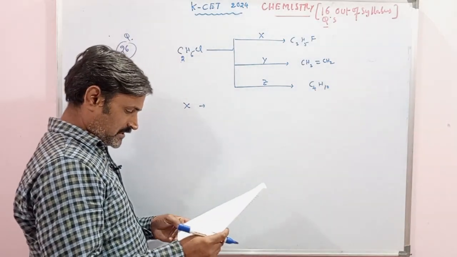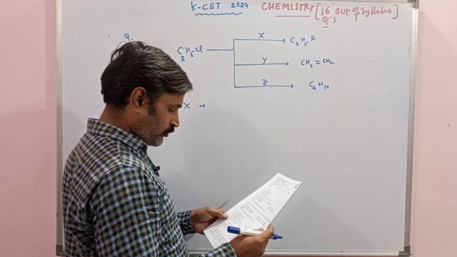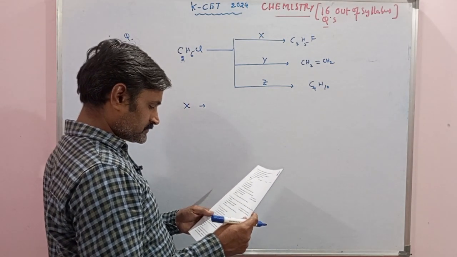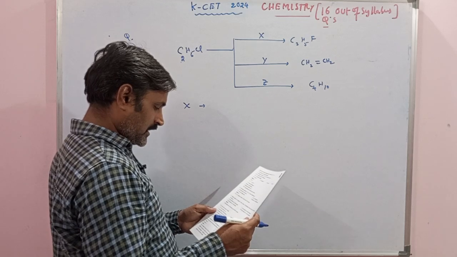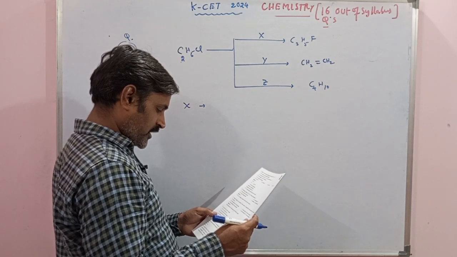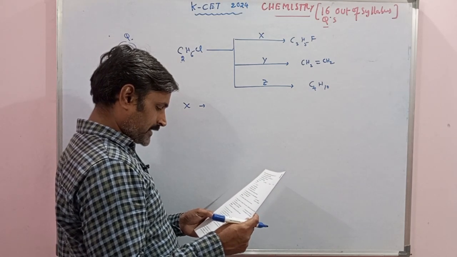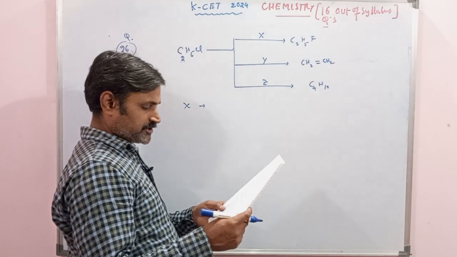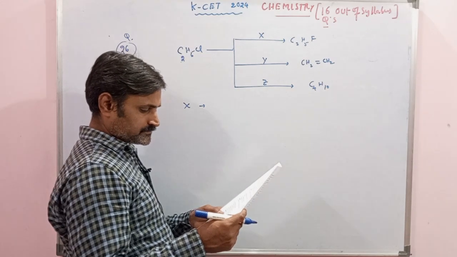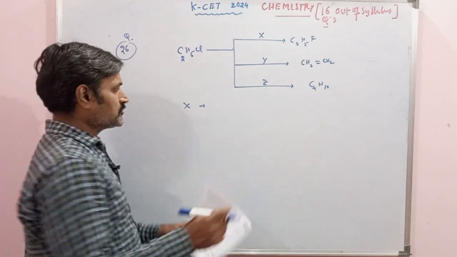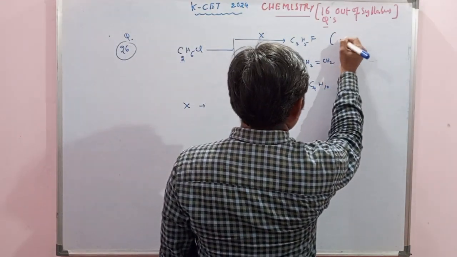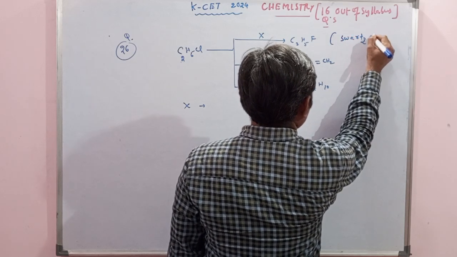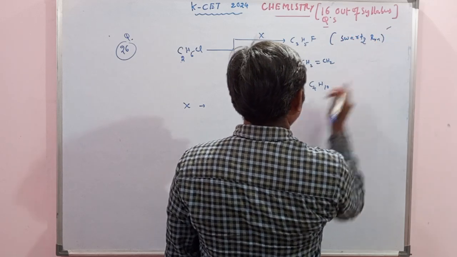Checking the options, silver fluoride is available, and mercurous fluoride is also available, whereas alcoholic KOH is also available.